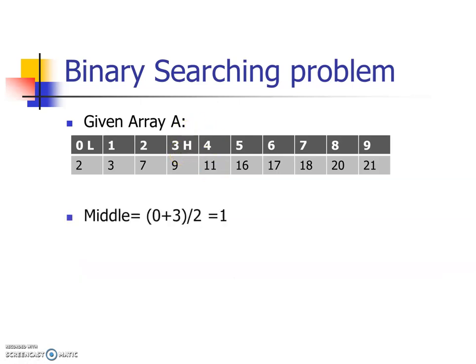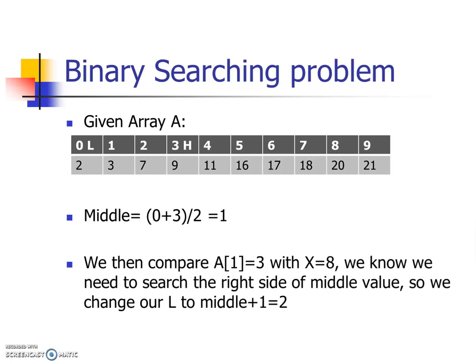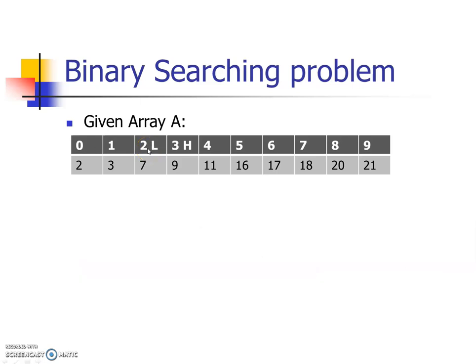When we do that, low and high are 0 and 3. Finding the middle index gives 1. Compare 3 with 8. We know the element we want to find is on the right side of the middle index. So we change our low index to 2, with high index 3. Finding the middle value gives 2.